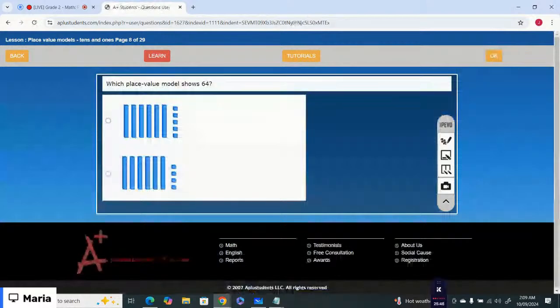Which place value model shows 64? So which is the correct option? That is option 2, right? This is the one that represents 64.